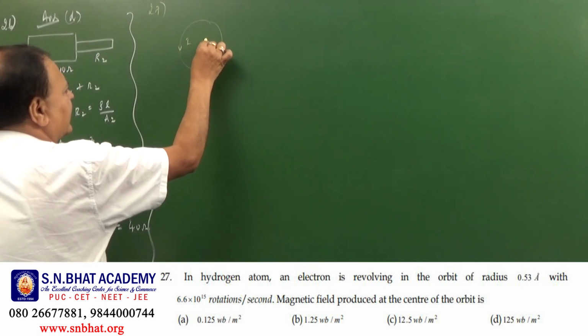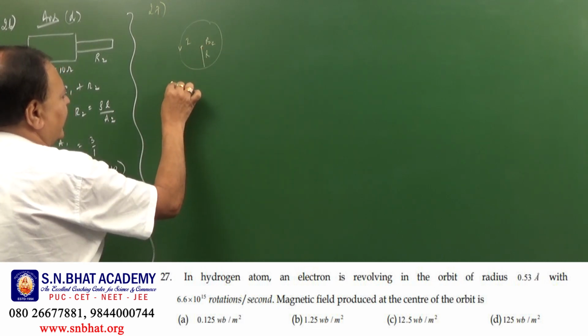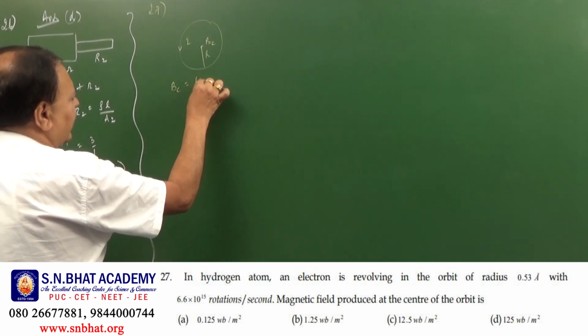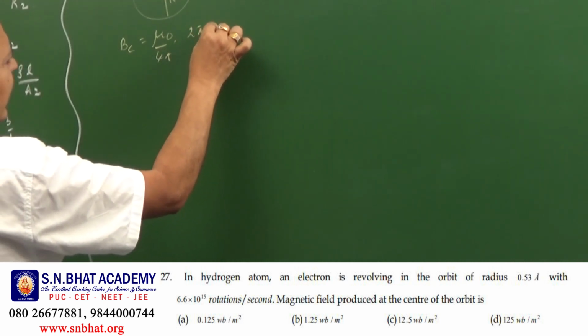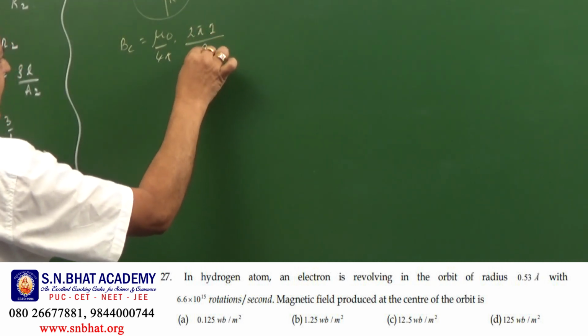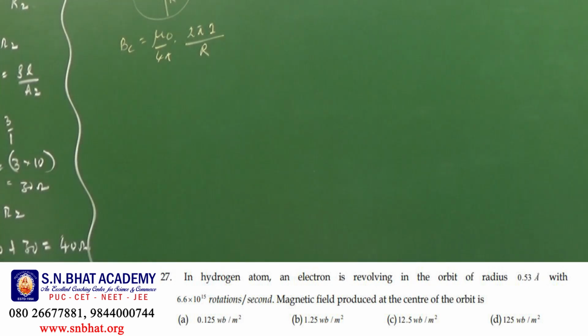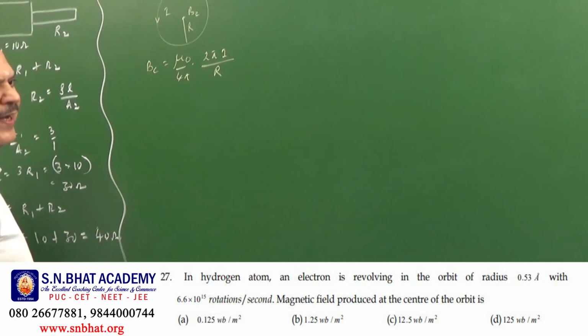You want to calculate the field at the center. The magnetic field at the center is given by mu naught by 4 pi into 2 pi N I by R. N, the number of turns, is equal to only 1. Now what is being asked is the magnetic field at the center. Look, I is not known, so how do you find I?